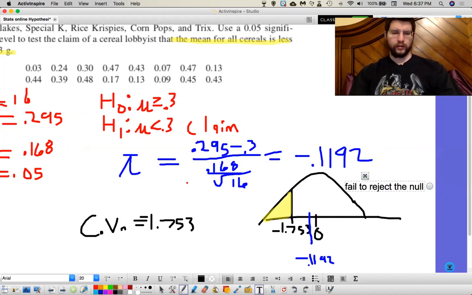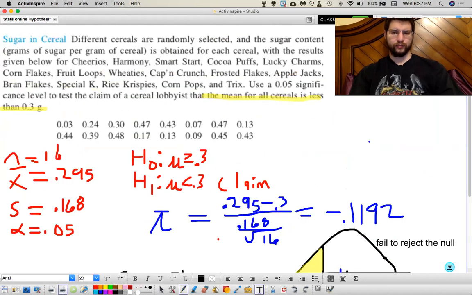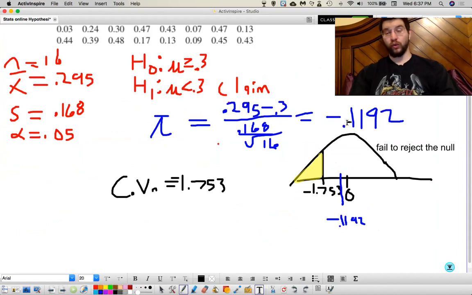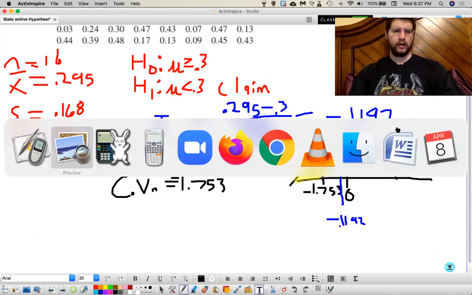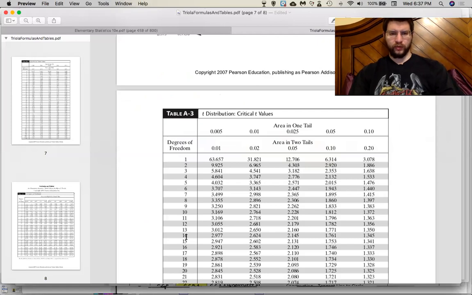TI users, remember, you're pretty much already done whenever you type it in because it gives you the p-value. We can get that next. Look up this 0.1192, the positive, with 15 degrees of freedom. I can say p is greater than 0.10.